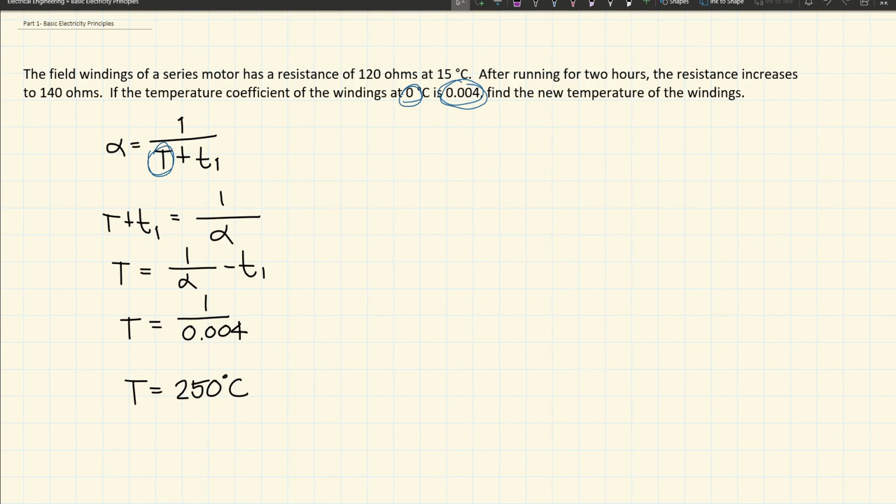To find the new temperature, or T2, our formula is R2 over R1 is equal to the absolute temperature plus T2 over the absolute temperature plus T1.